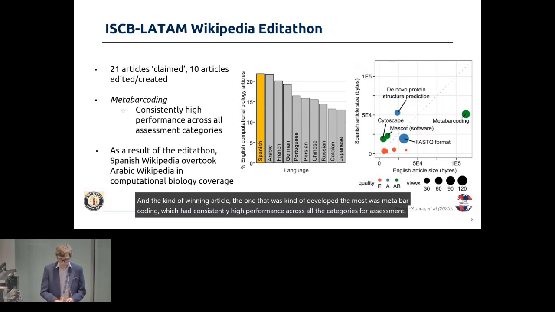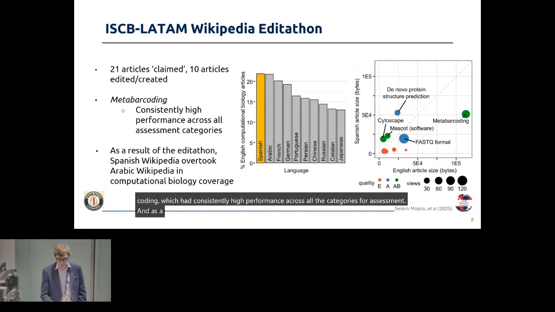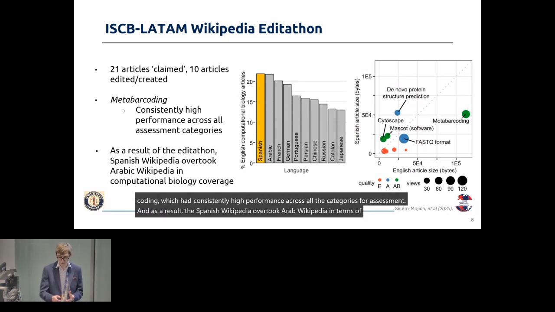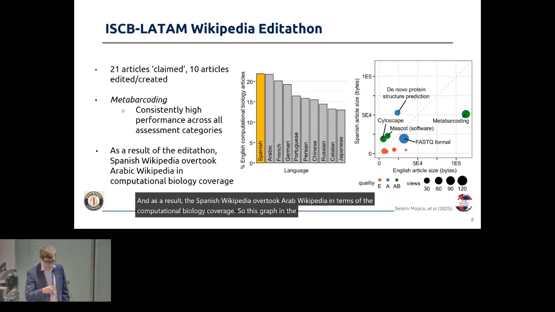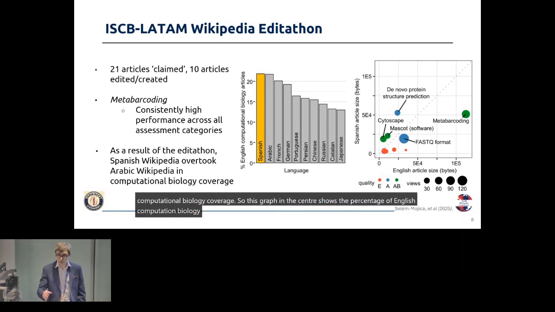And as a result, the Spanish Wikipedia overtook Arabic Wikipedia in terms of the computational biology coverage. So this graph in the center shows the percentage of English computational biology articles that are available in each of these languages. So Spanish has just crept above Arabic.